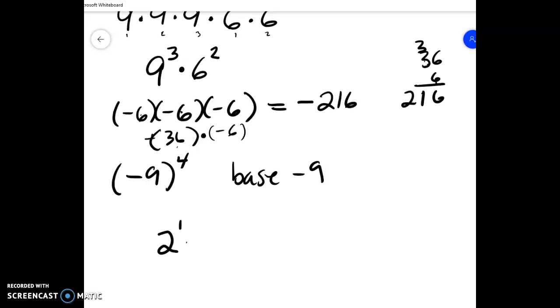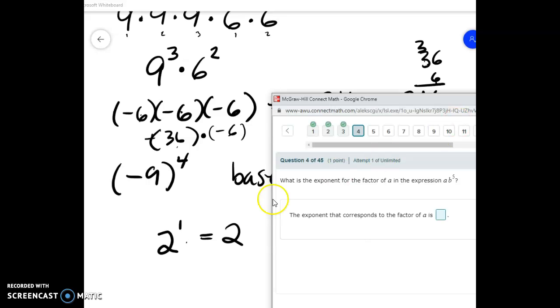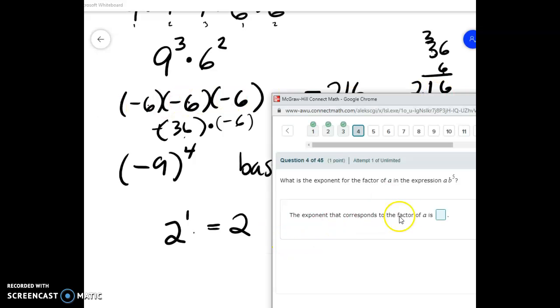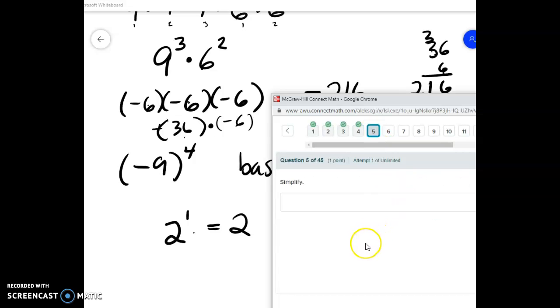Because it's the same as 2 times itself 1 time, right? 2 to the 1st would be the same as just writing 2. So if you do not see an exponent, like in the problem I was just given, know that the exponent is a 1. So I'm going to put 1 here and check my answer. If it asks for the exponent on the b, well, that's easy because it's shown there. It's 5.